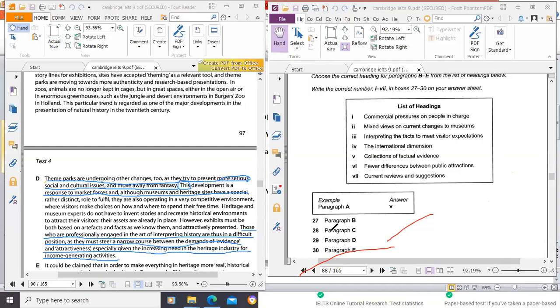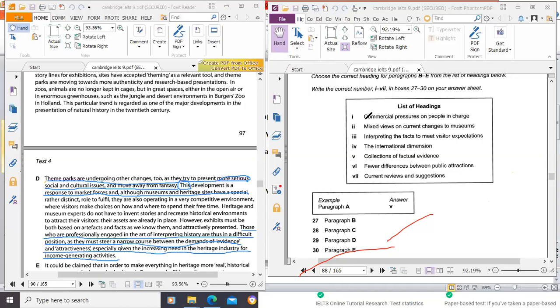Okay, so which one is the best answer here? Now, if there is anything like changes to theme parks which we have not chosen before, if they mention theme parks, you might want to go for that. But here, the tone is more on the competitiveness of the market and the response of experts to it.